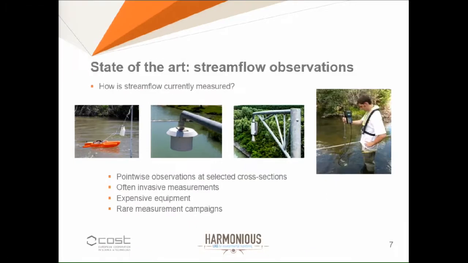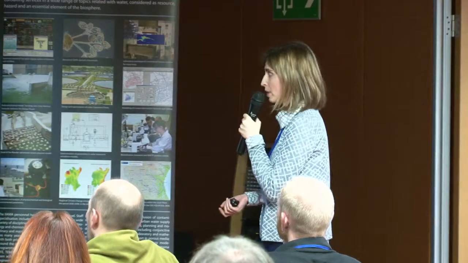Okay, so as I mentioned earlier, the research I'm going to present here deals with stream flow observations. Stream flow is currently measured by using what I would call, in the rest of the presentation, traditional equipment.